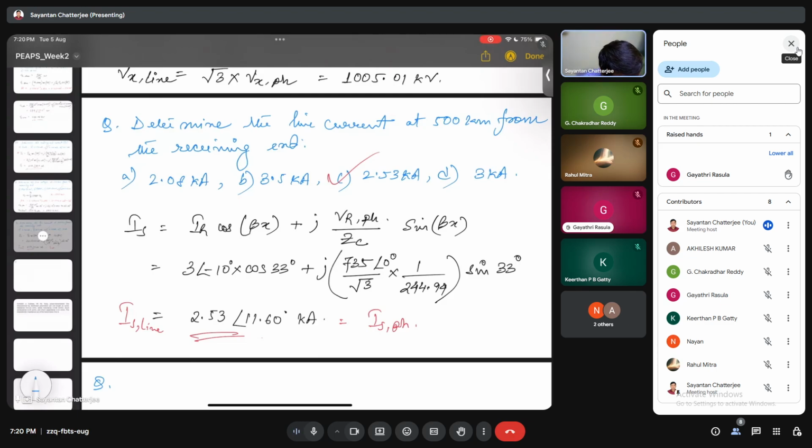If we consider this to be from the receiving end side, what will be the sending end? The question is to determine the line current at 500 kilometers from the sending end. In that case also, in lecture 3, I guess, the direct formula is derived. Okay, let's complete this and we can discuss it.